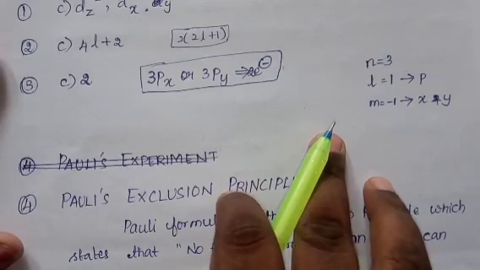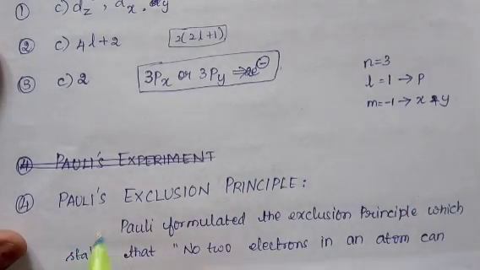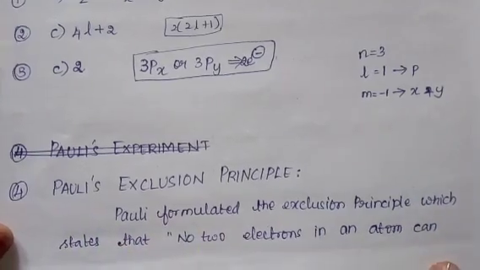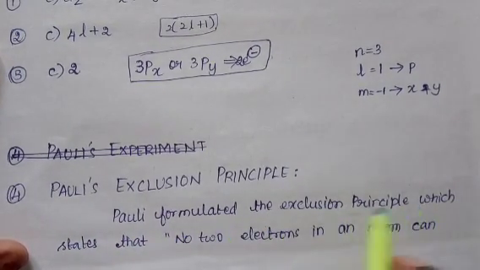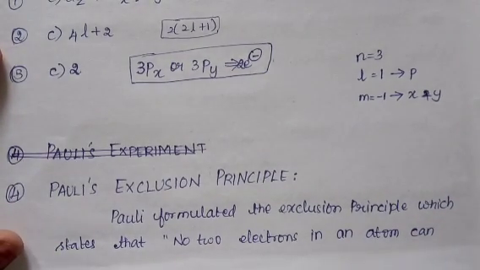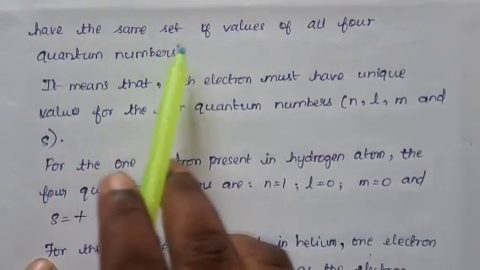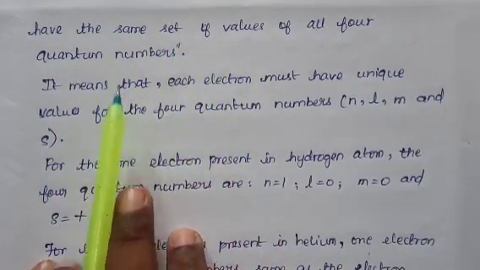So next, fourth question, state and explain Pauli's exclusion principle. Pauli formulated the exclusion principle, which states that no two electrons in an atom can have the same set of values of all four quantum numbers.